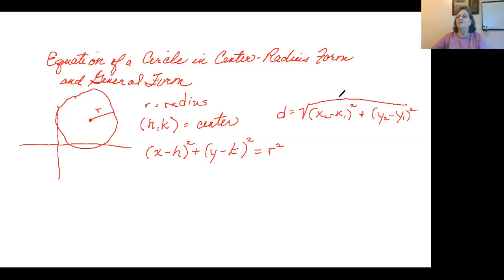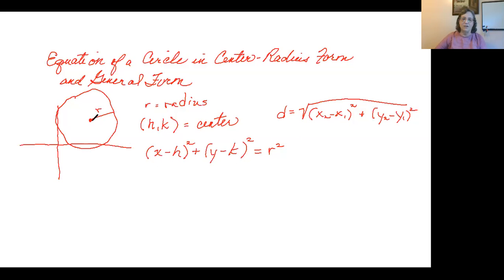Add those together, take the square root of the whole thing. And that, in turn, is based on the Pythagorean theorem, a squared plus b squared equals c squared. For the distance formula, they solve for c and take the square root of both sides. But in the circle formula, they prefer to leave everything squared.